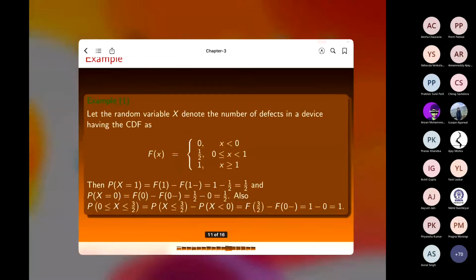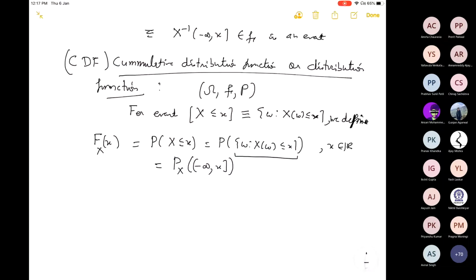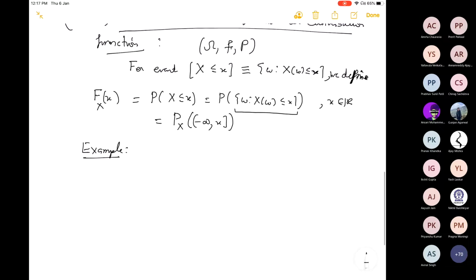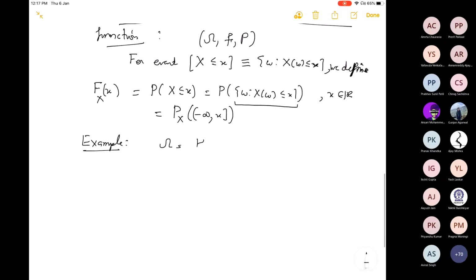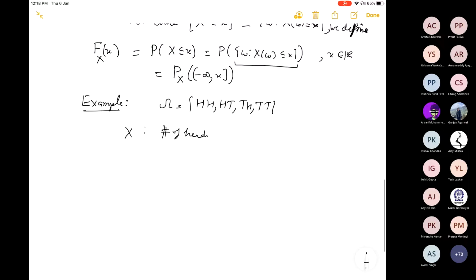Let us take omega as HH, HT, TH, TT. X is counting the number of heads, so X you can take as 0, 1, 2. The corresponding probability of X equal to 0, number of heads is 0, is 1 by 4.